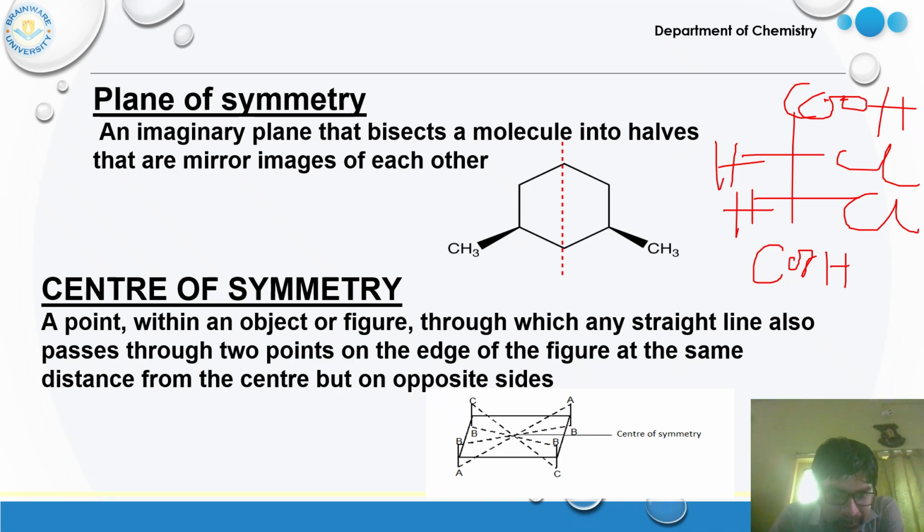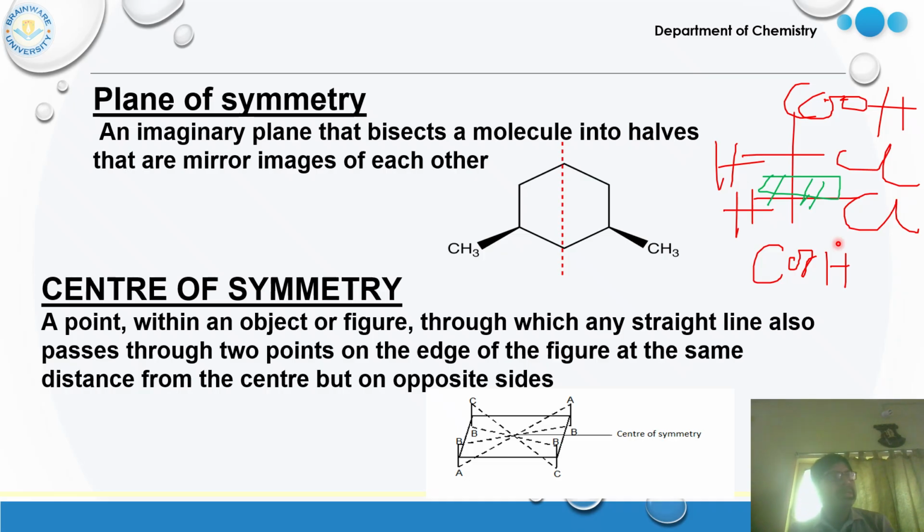Now, if we draw a plane through the middle, then obviously the upper part and the lower part are the same. Just look at it: the upper part contains COOH, HCl, and the lower part also contains COOH, HCl.